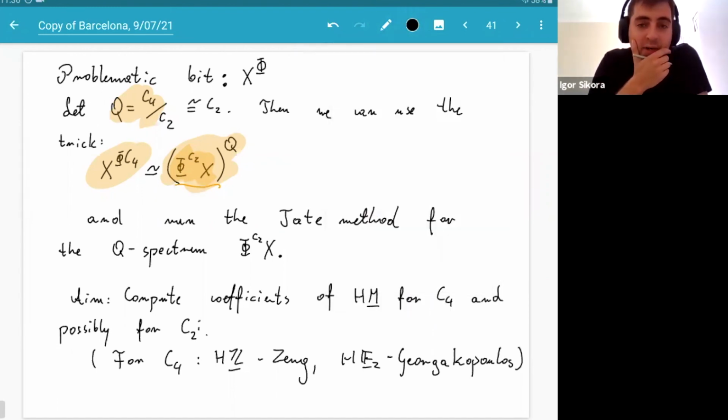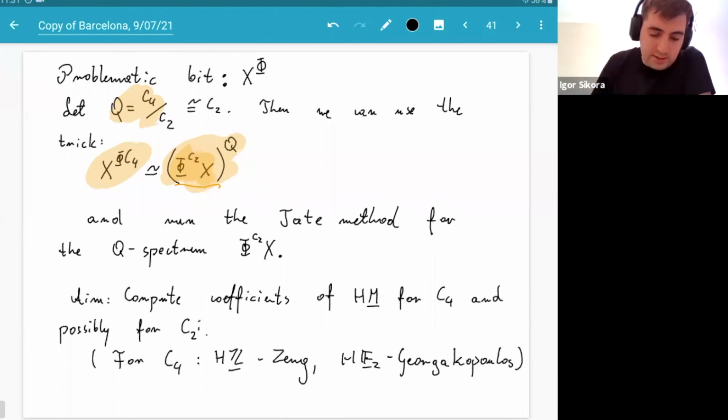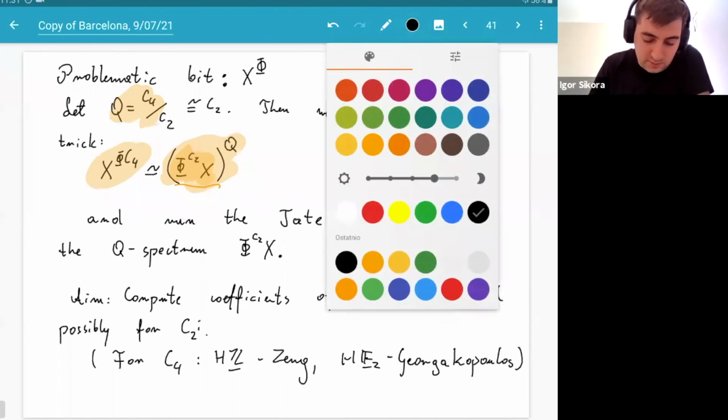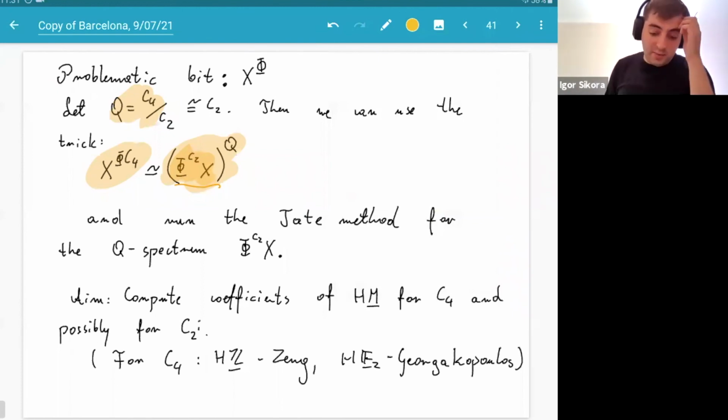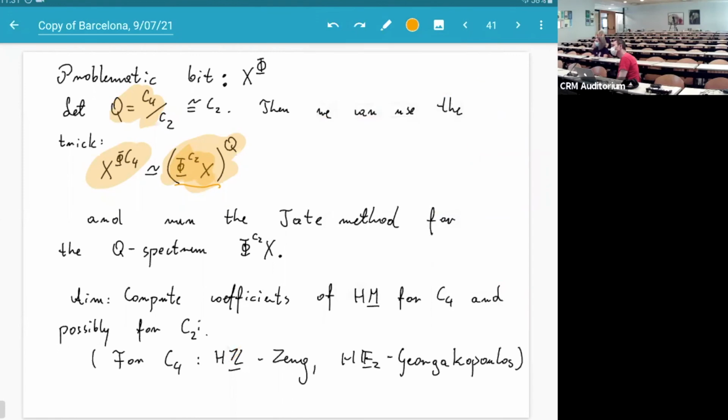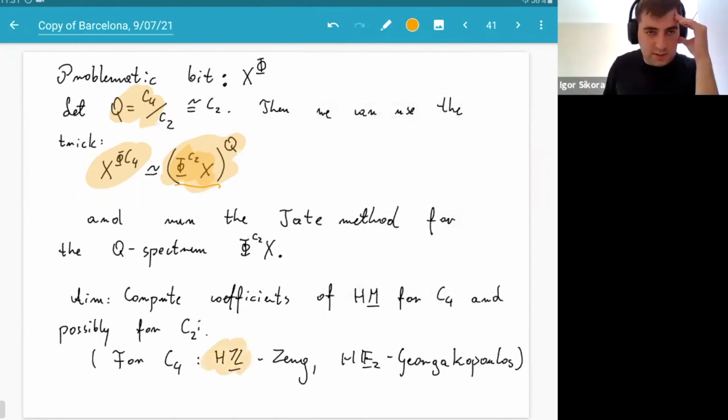The aim of this would be to compute coefficients of IHM for C4 and possibly for cyclic groups of order being powers of 2. And I need to mention that over C4, these groups for Eilenberg-MacLane spectra were computed for the constant Mackey functor by Min-Kong Zheng, and I think he actually used this kind of iterated Tate method.